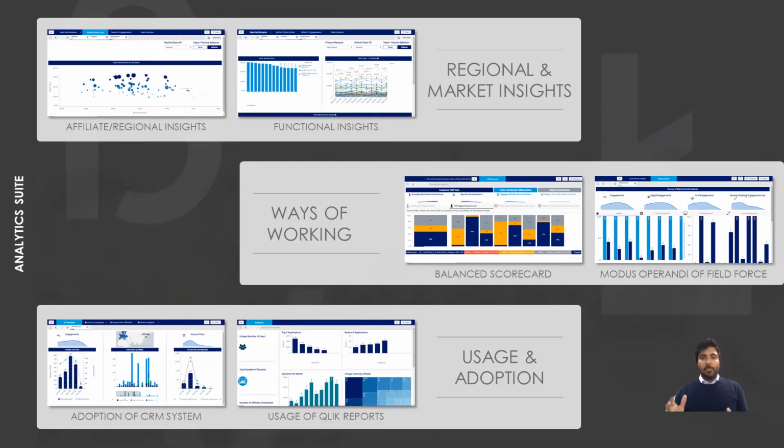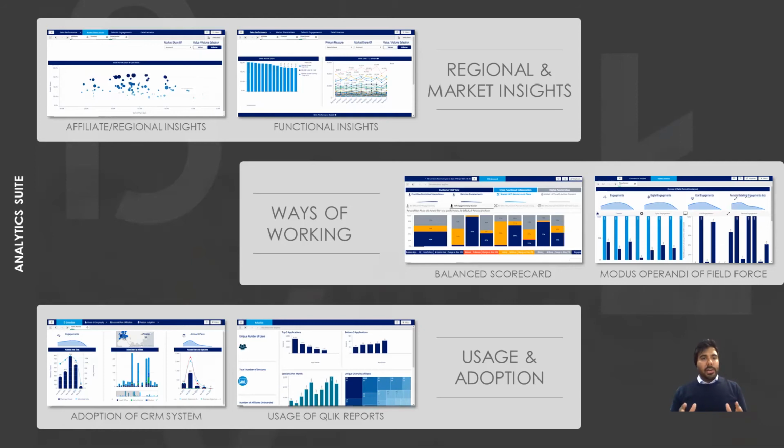Now, let's focus a bit on the actual analytics portfolio that we deliver to our pharmaceutical client. First of all, we delivered a set of regional and market insights. So basically, this was the backbone of the catalog of reports that we delivered to the company. That was zooming in on CRM data, the usage, the performance across both CRM and sales data.